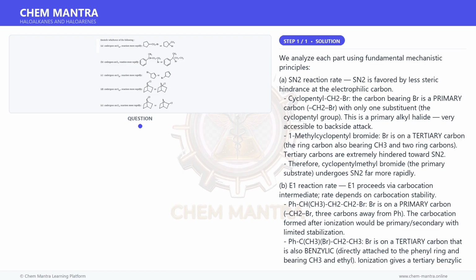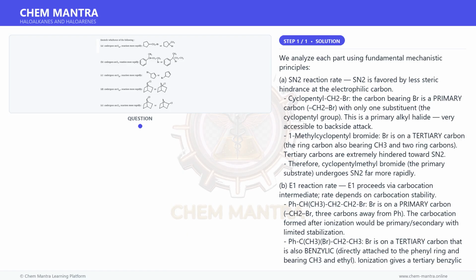This is a primary alkyl halide, very accessible to backside attack. 1-methylcyclopentyl bromide: Br is on a tertiary carbon, the ring carbon also bearing CH3 and 2 ring carbons. Tertiary carbons are extremely hindered toward SN2. Therefore, cyclopentylmethyl bromide, the primary substrate, undergoes SN2 far more rapidly.